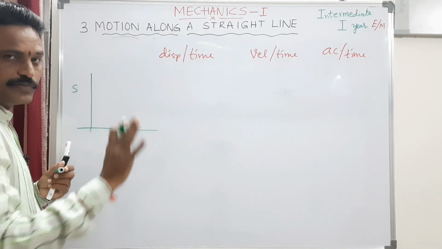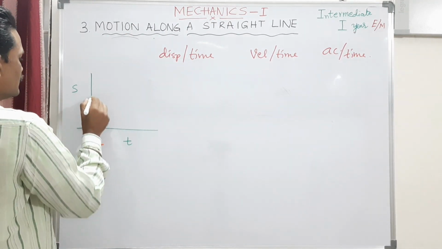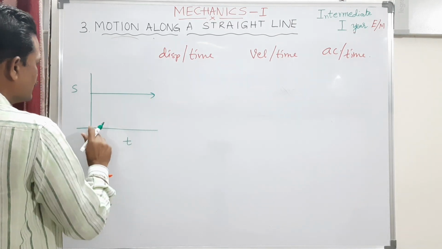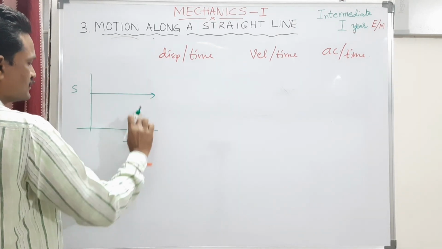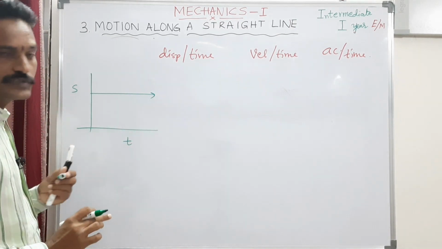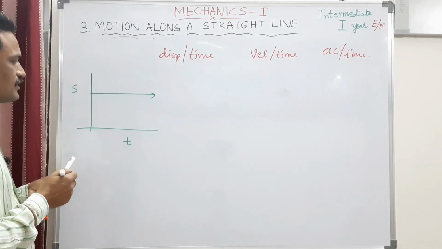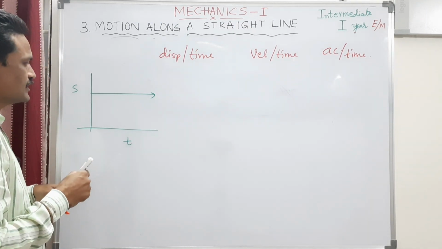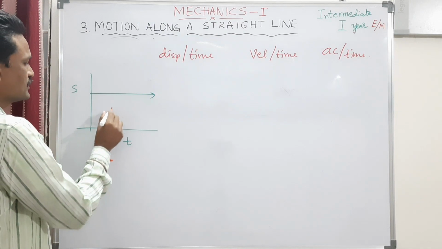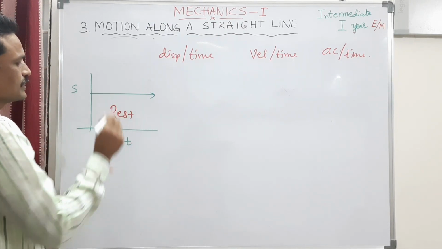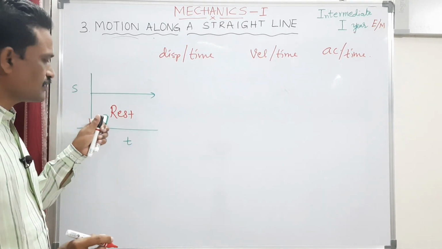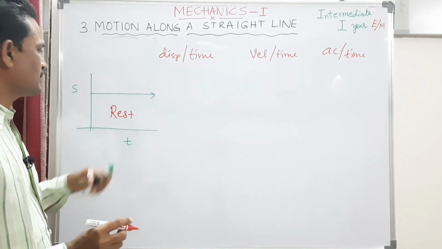What does it mean? The building is at rest. So the distance between my building and that building remains constant with time. So this is the graph for bodies which are at rest or stationary objects.